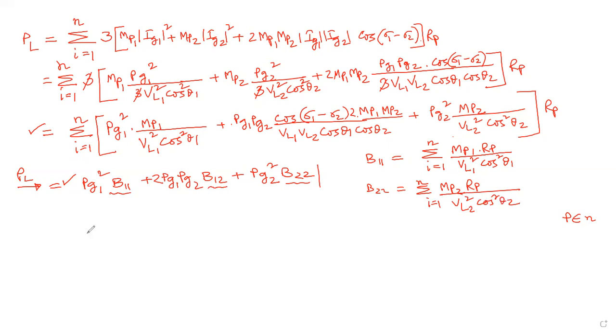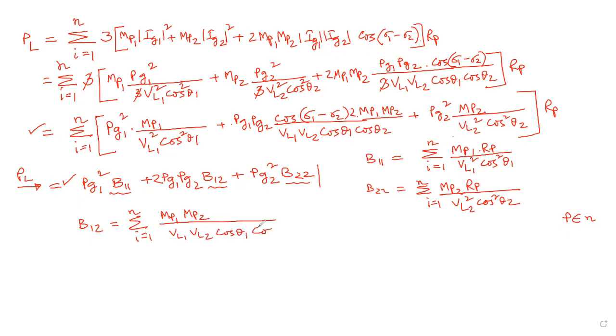And then the middle one is B12. That is a little longer part compared to the others. Summation 1 to n, MP1 MP2 divided by VL1 VL2, all these are magnitudes, remember.